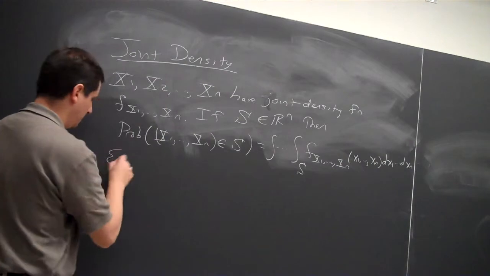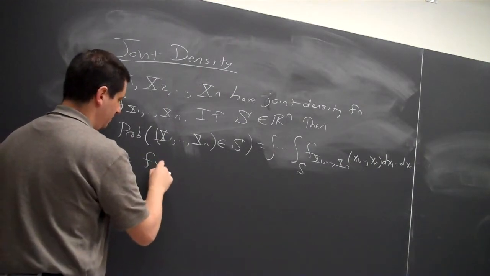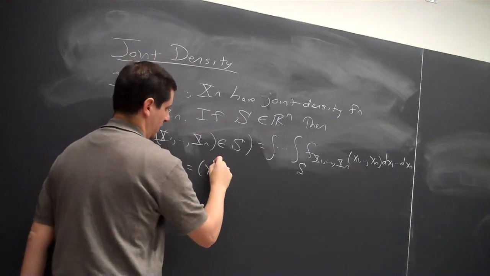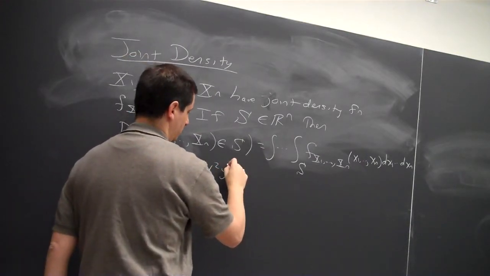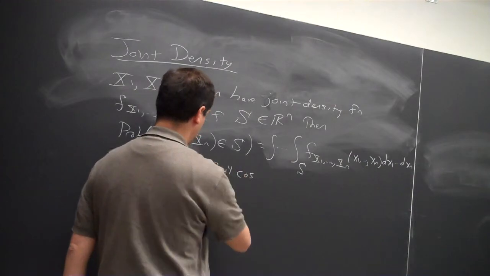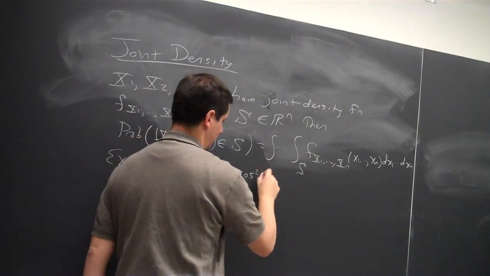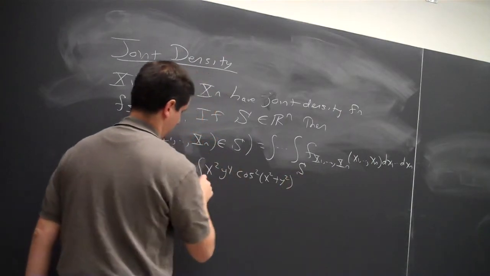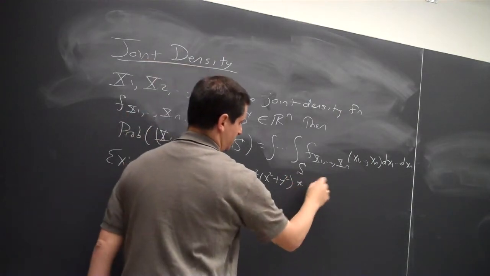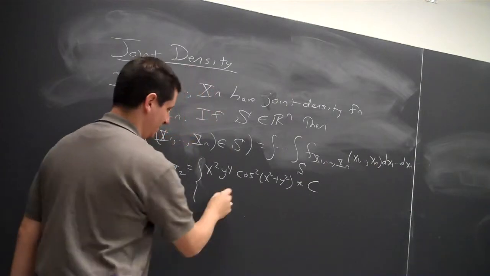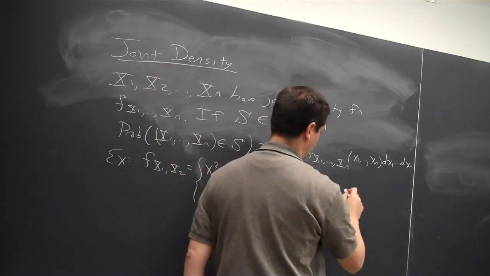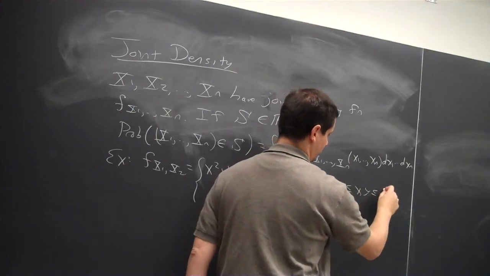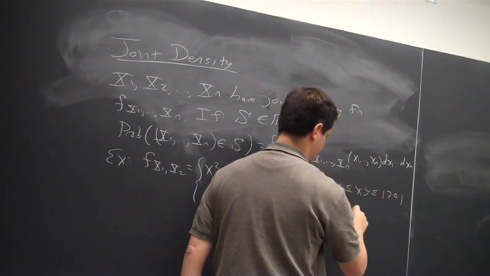So for example, maybe f(x1, x2) is x squared y to the fourth cosine squared of (x squared plus y squared) times some normalization constant c, and 0 otherwise, where 0 is less than or equal to x, y less than or equal to 1.